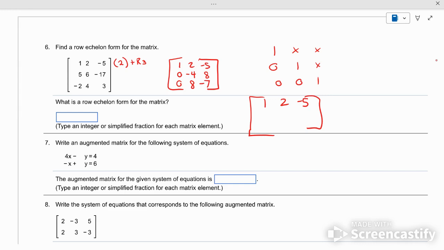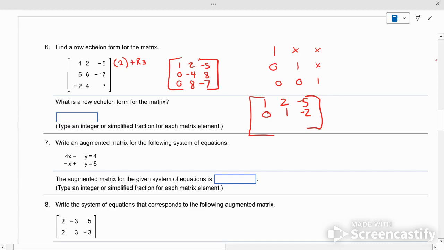Now, to get 0, 1, and a number, what would I do to my second row here? I take row 2 and do what to it? Divide it by -4. So I'm going to get 0, 1, -2 for that row. Okay? Now, I want to get 0 here.